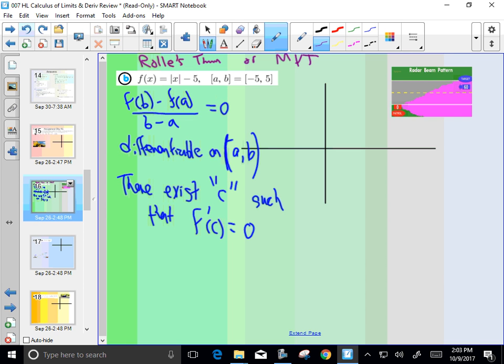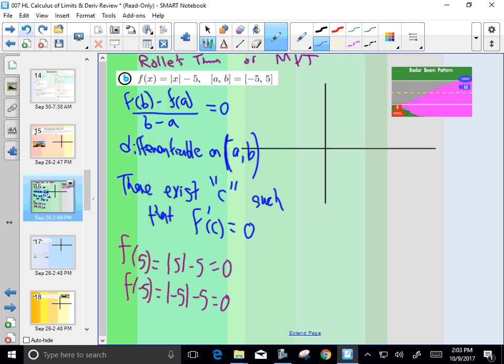Okay, so let's check, see what f of b is, or I shouldn't say f of b, let's say f of 5. And what's the absolute value of 5 minus 5? 0. F of negative 5, what's the absolute value of negative 5 minus 5? 0.